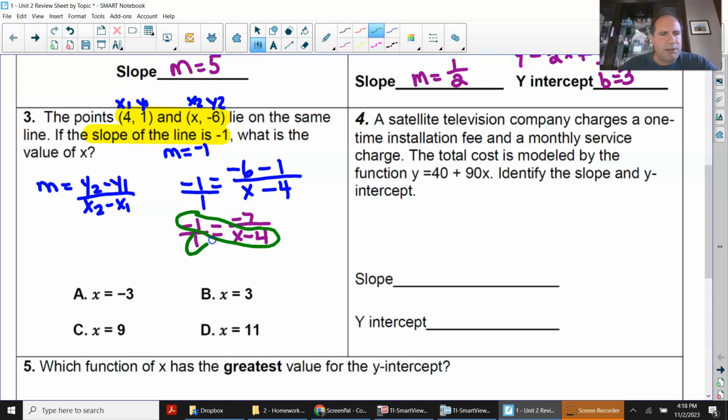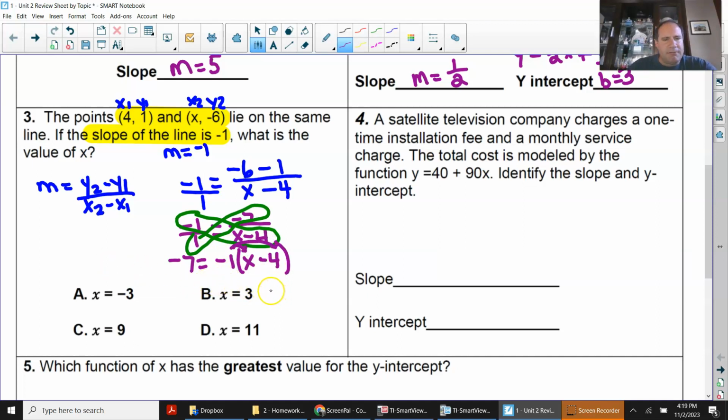So it's 1 times negative 7. I'm going to do that first. 1 times negative 7 is negative 7. And then negative 1 times x minus 4, like distributive property. When I distribute, it's negative 1 times x and negative 1 times negative 4.